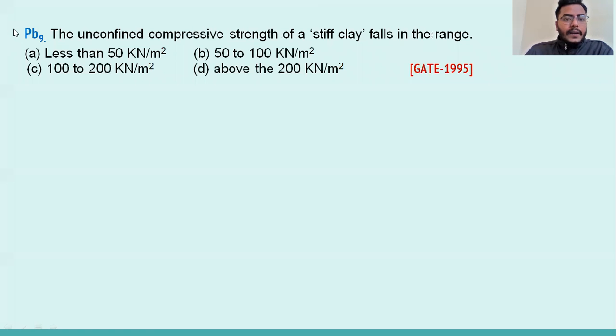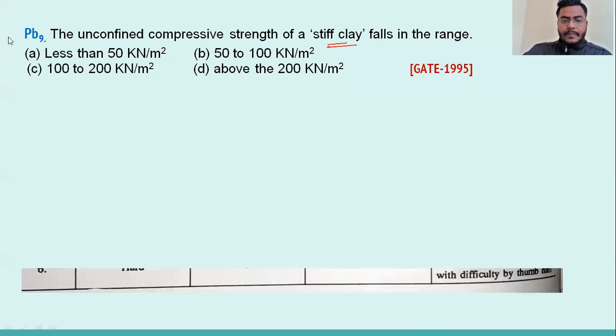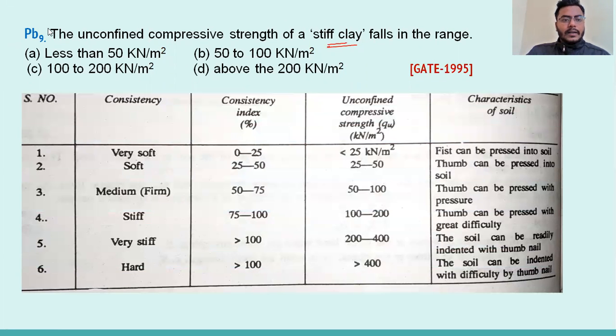Okay, the unconfined compressive strength of a stiff clay falls in the range. There is a table we have. By looking at this table, we can find stiff clay here. So unconfined compressive strength varies from 100 to 200.